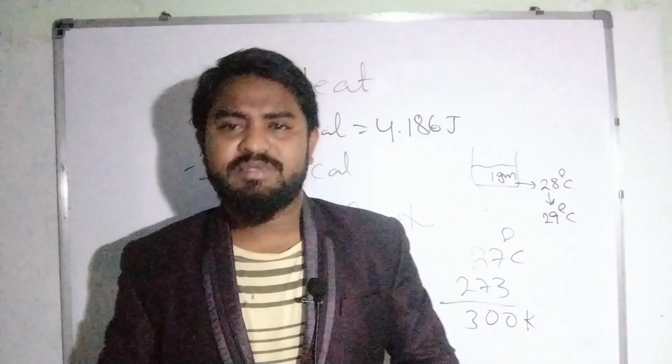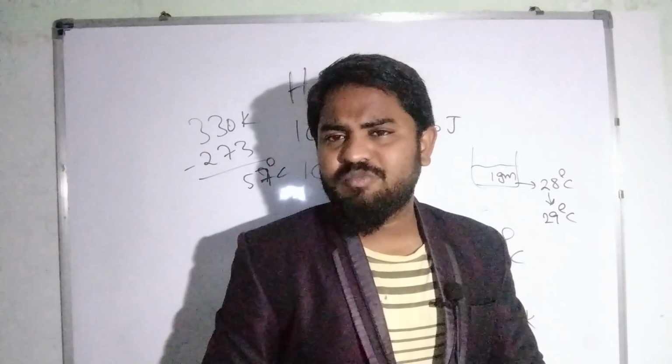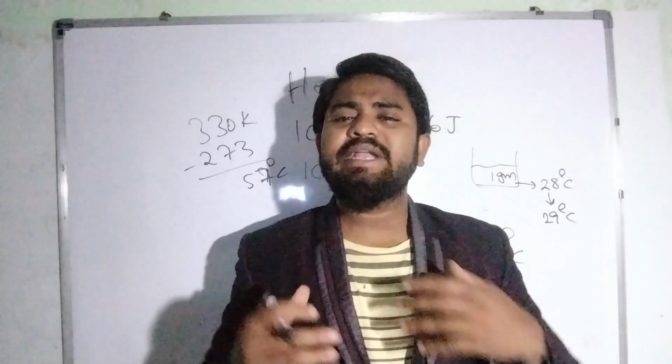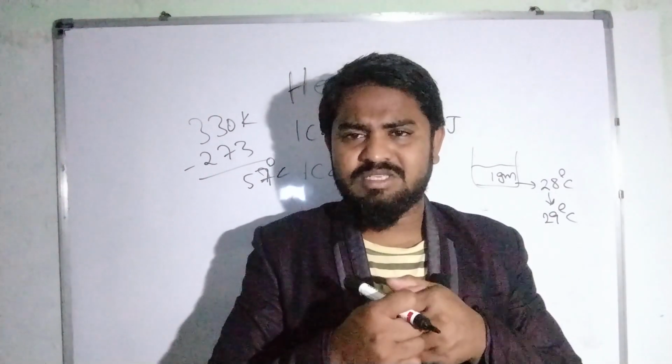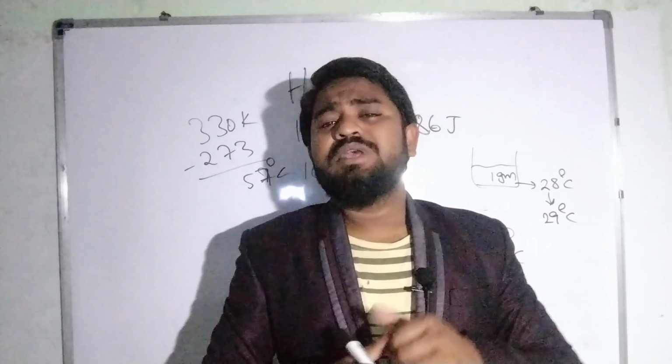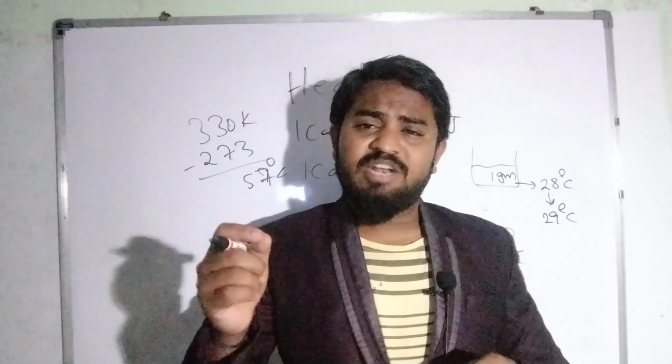And after this, one more important phenomenon in this chapter is the principle of the method of mixture, right? So what is the principle of the method of mixture? When you thermally contact two objects, the heat energy lost by the hotter body will be the heat energy gained by the cooler body.